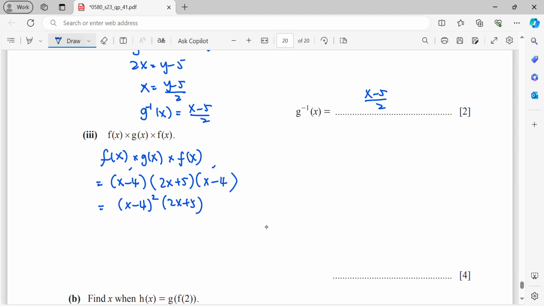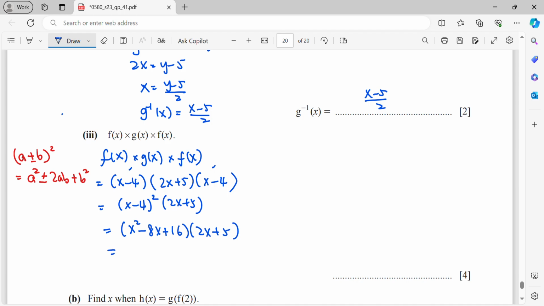And then you can just do expansion using the formula: a plus or minus b, squared, is a squared plus or minus 2ab plus b squared. So then I will be getting x squared minus, so minus 4 times x times 2, 8x. Then always plus, square of 4 is 16. Then multiply with 2x plus 5.